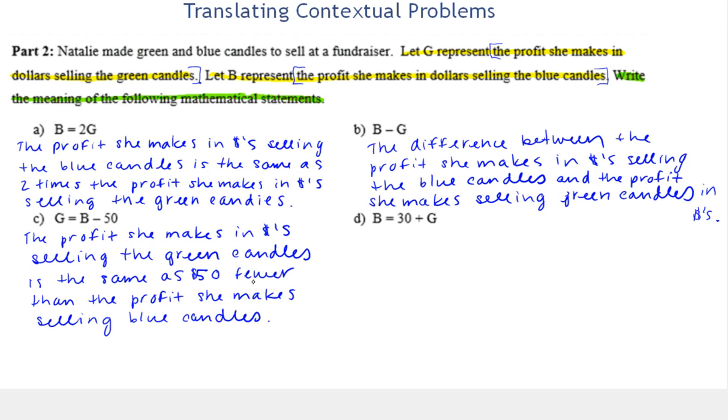Let's look at the next one. B equals 30 plus G. Okay. So on the left-hand side, we have the profit she makes selling blue candles.